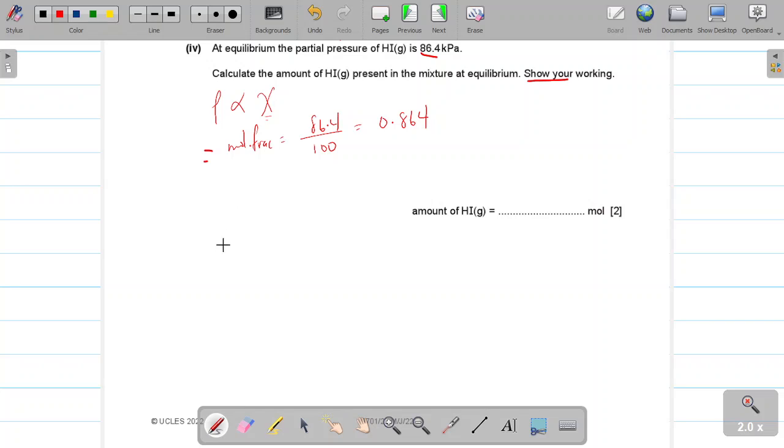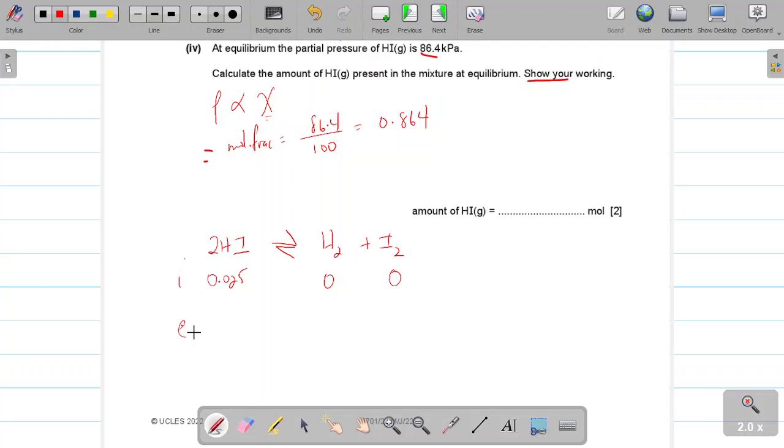So if we begin here with our equation, 2HI is decomposing to give us H2 and I2. And they told us that initially we have 0.025 moles of hydrogen iodide. So we will have 0 moles of hydrogen and 0 moles of iodine.